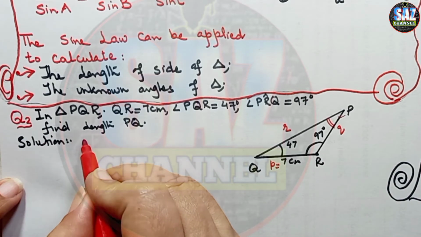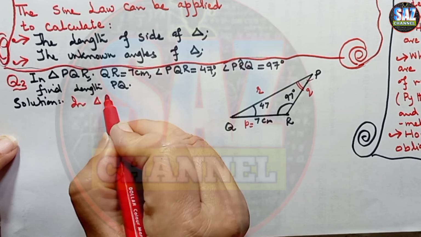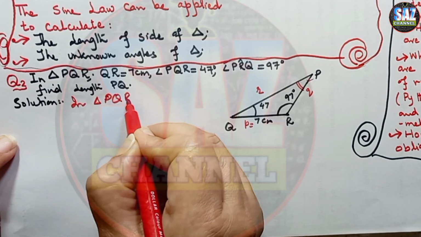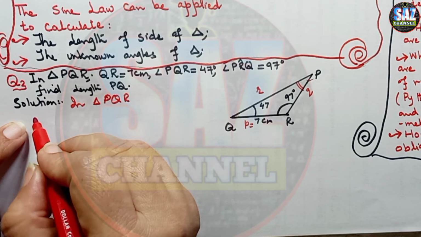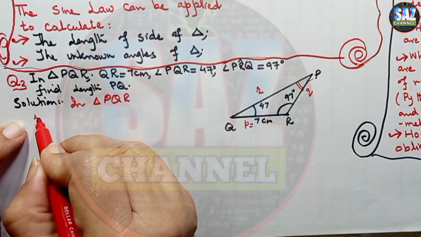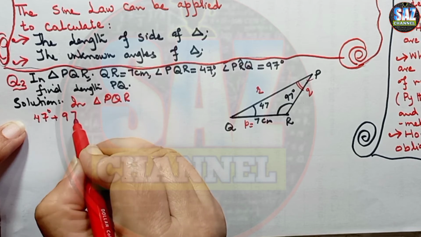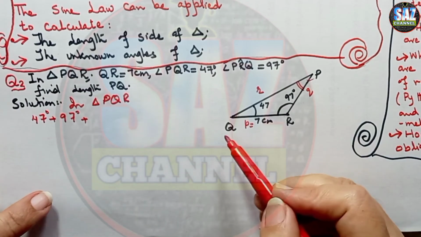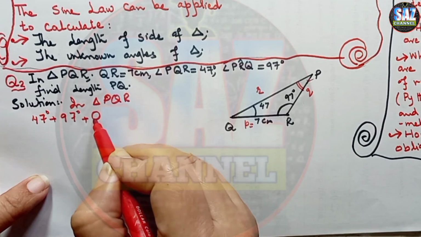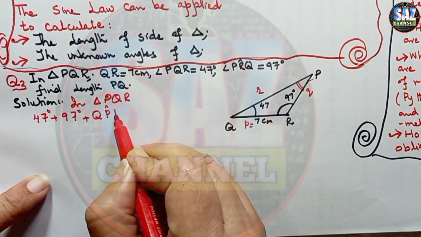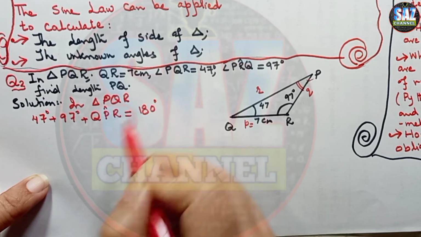In triangle PQR, angle P plus Q plus R equals 180 degrees: 47 degrees plus 97 degrees plus angle QPR equals 180 degrees, the sum of interior angles of a triangle.